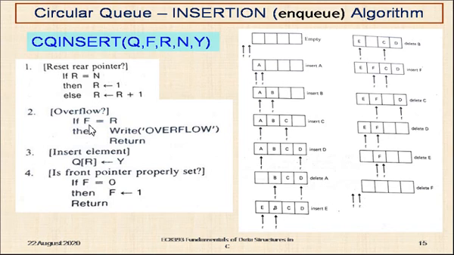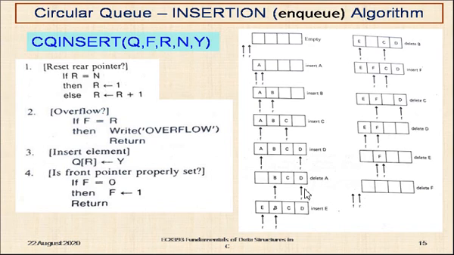And you see now it checks for overflow again. If f is equal to r, f is what? F is 2, r is 1, so not equal. So not overflow. There is no queue overflow condition now. So it goes to the next step. Q of R. What is R now? 1. Q of 1.